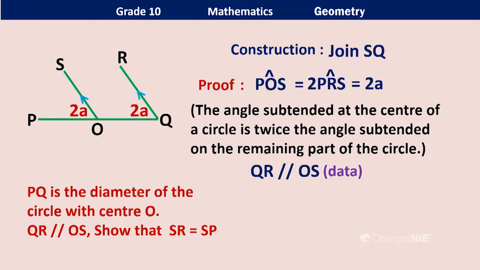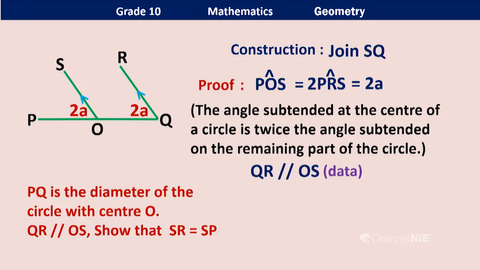Therefore, since OS and QR are parallel and since angle POS is equal to 2A, you can say that angle PQR is also equal to 2A. What is the reason? Those are alternate angles.